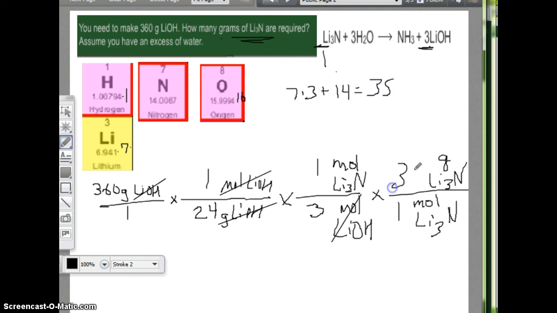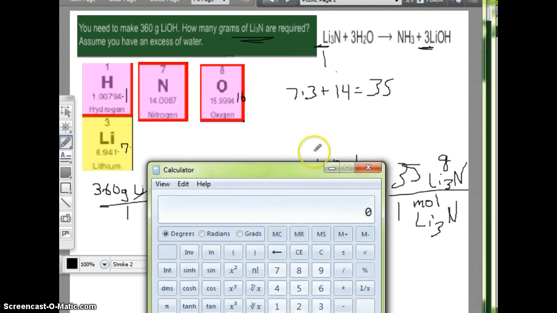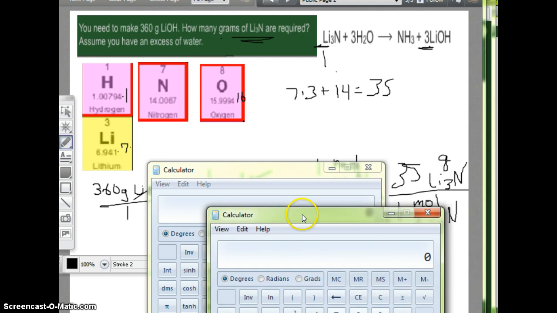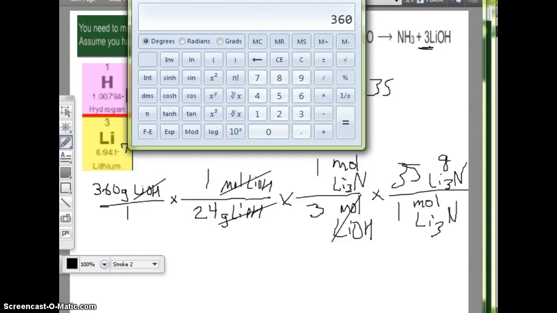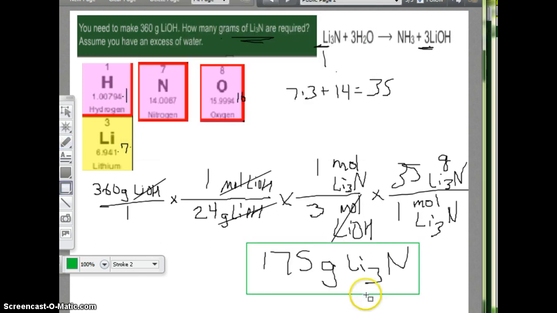Put it in your calculator, and you are going to get 360 times 1 times 1 times 35 divided by 24 divided by 3, and your answer is 175 grams of Li3N. Again, hit pause and copy what you need.